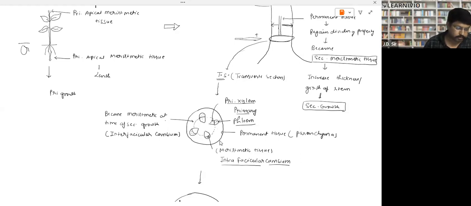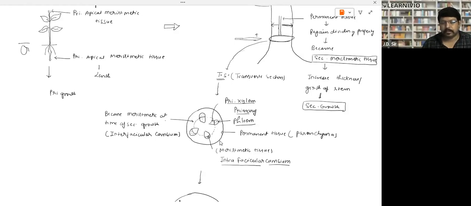Primary growth produces growth in length of stem, root, and branches. Full stop.